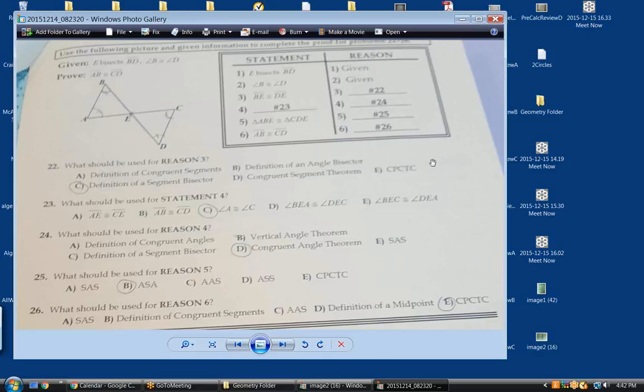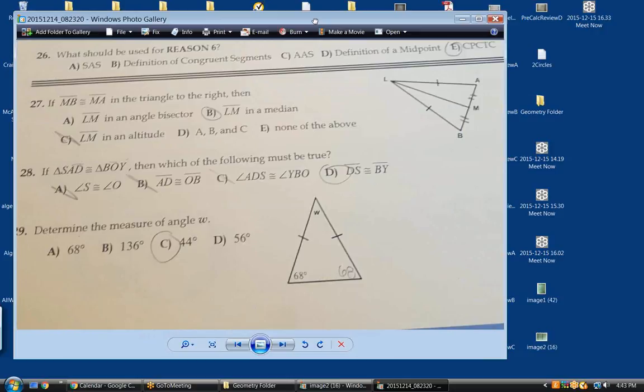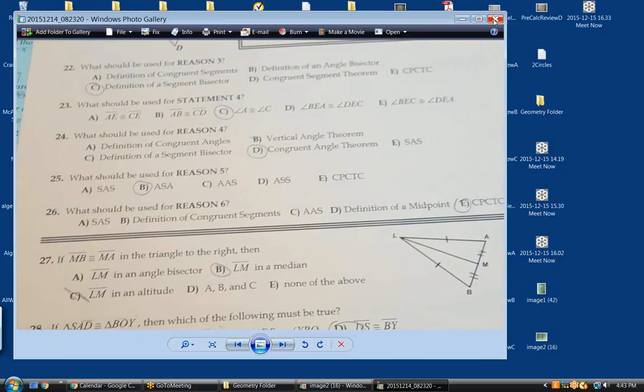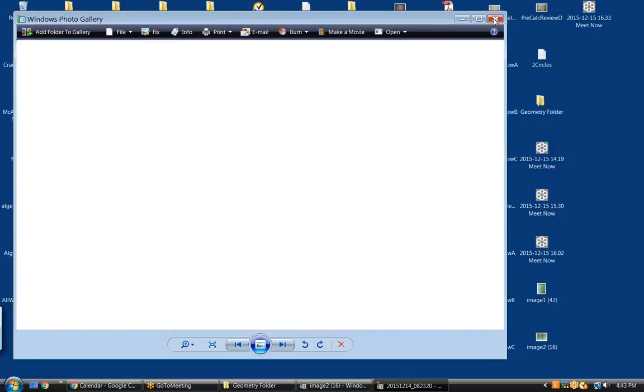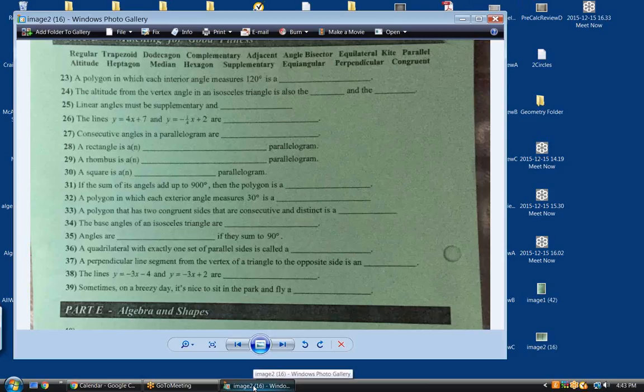You're not going to have to do a 2-column proof except with multiple choice, and it's most likely going to look something like this. And this is kind of cool. I like doing 2-column proofs this way. It's not nearly as hard. All right, let me get rid of that and go back to your pages.